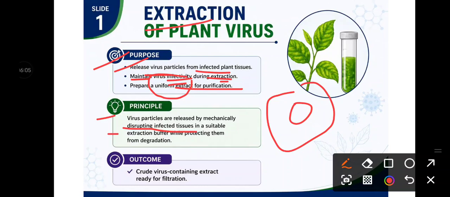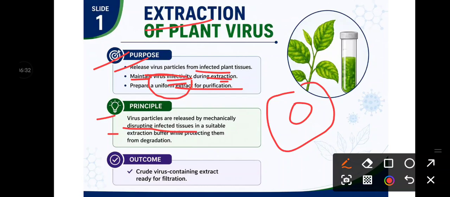A proper extraction buffer we will use, so that the plant material should not degrade the virus, especially the nucleases. As you all know, virus is a nucleoprotein structure, so the nucleic acid can be degraded by the nucleases present in the plant. So we have to protect that using extraction buffer.